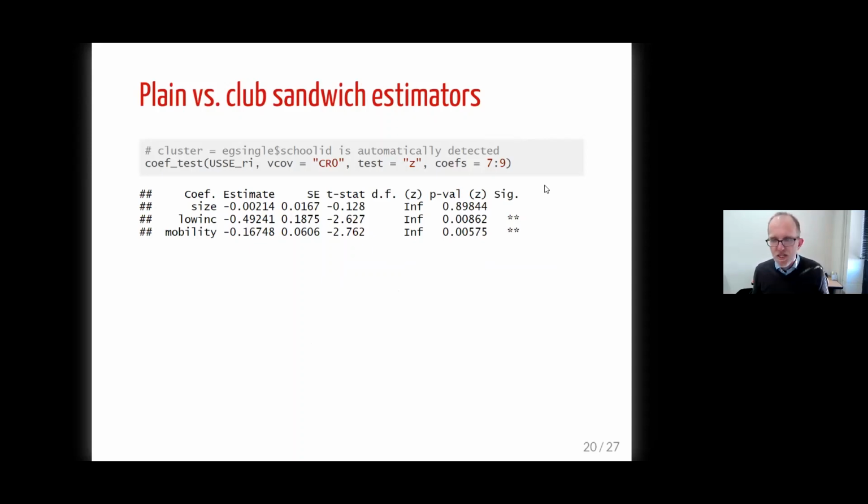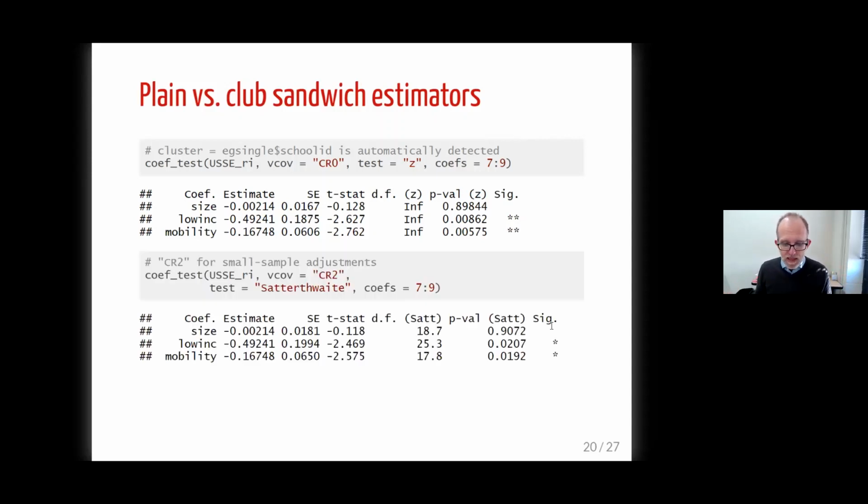Here, let me just give you an illustration of the difference between the plain bologna sandwich estimator and these small sample refinements. At the top, I've done hypothesis tests for that same set of coefficients using the bologna sandwich, CR0, and large sample z-tests.